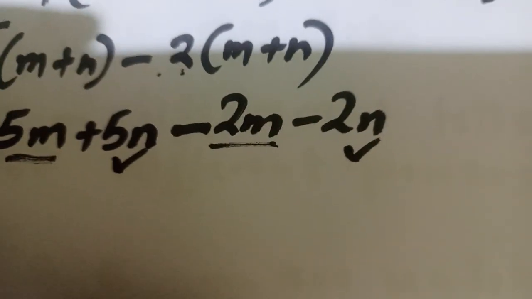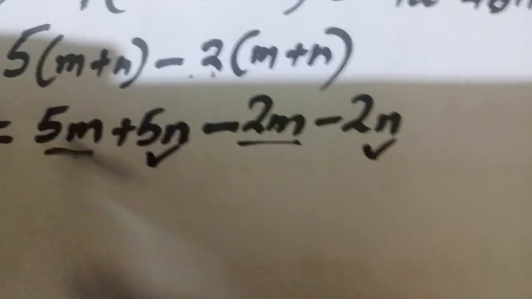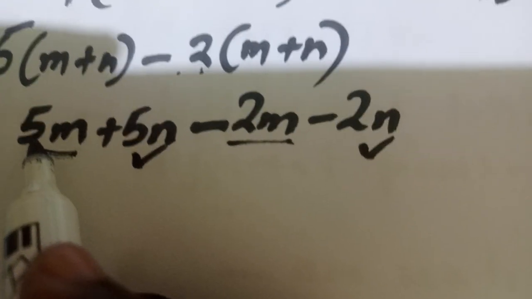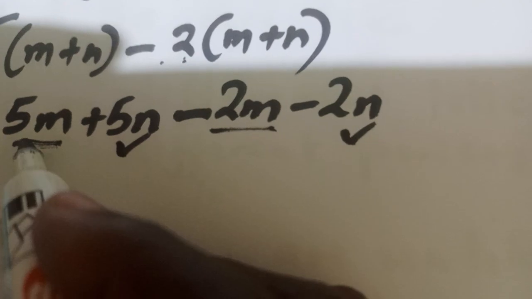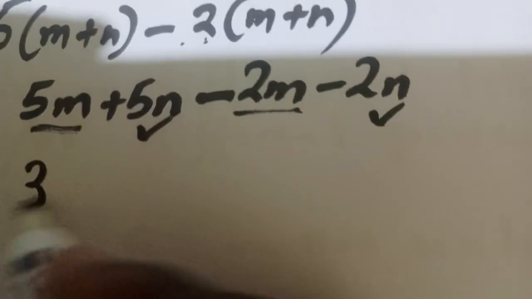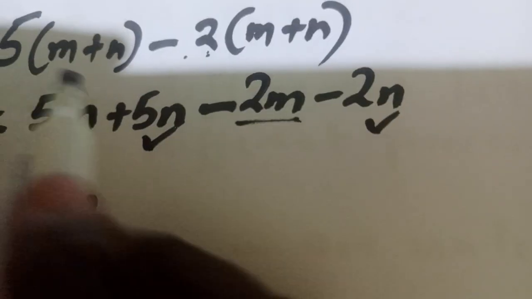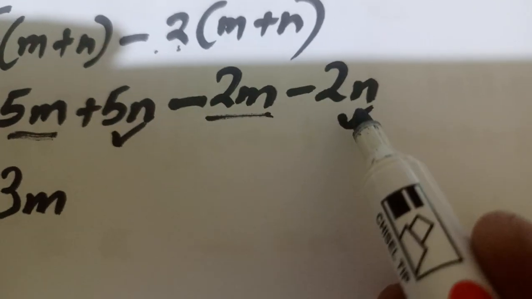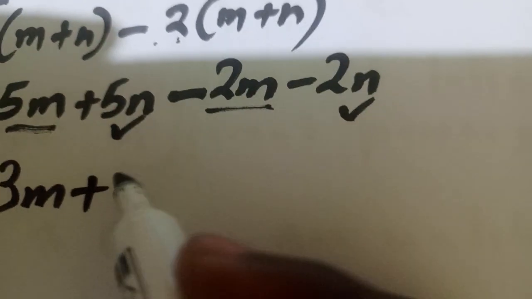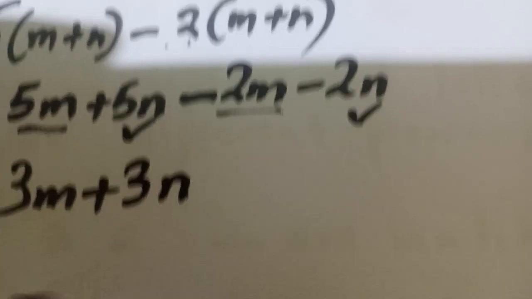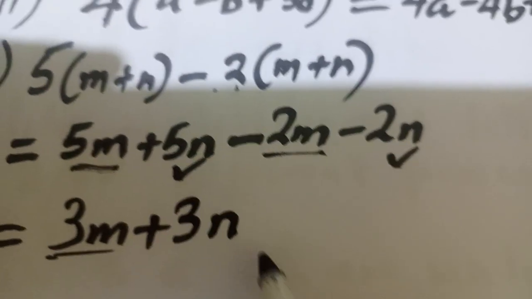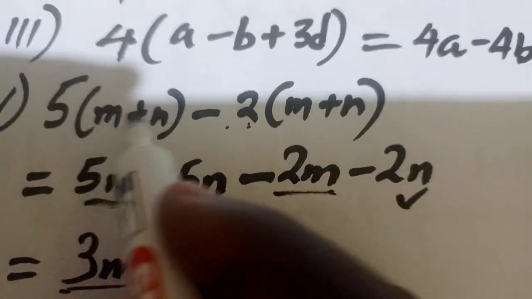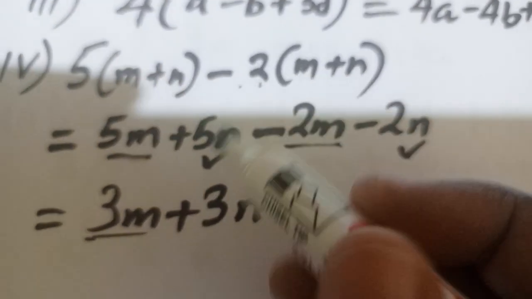So we can consolidate them or bring them together. So I have 5m plus negative 2m, which is the same as 5m minus 2m, and that gives me 3m. Then 5n minus 2n gives me plus 3n. So this is the simplified form of this expression when the bracket is removed.